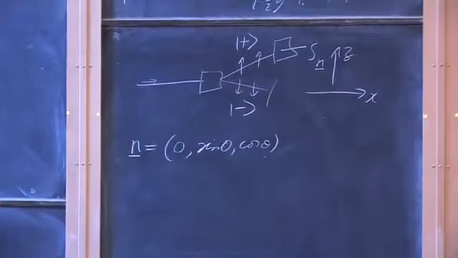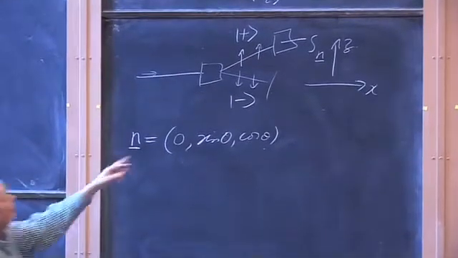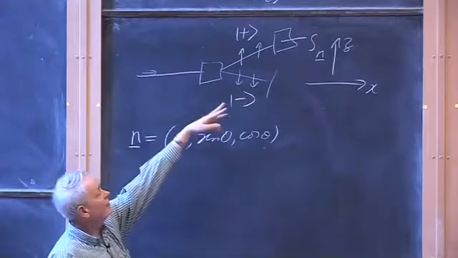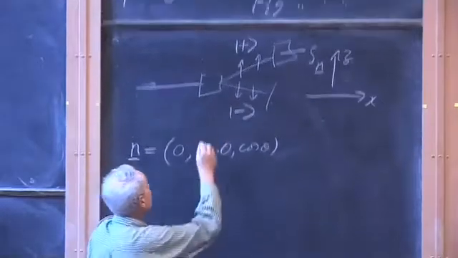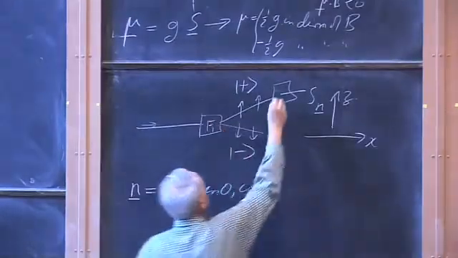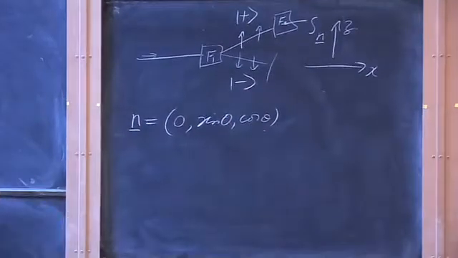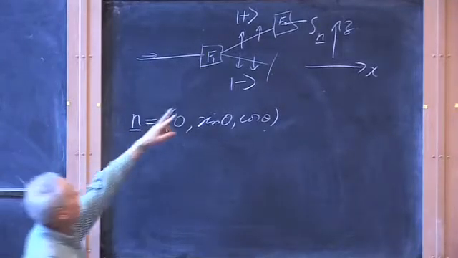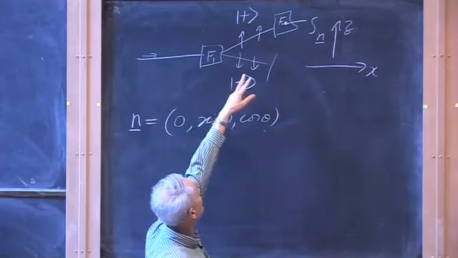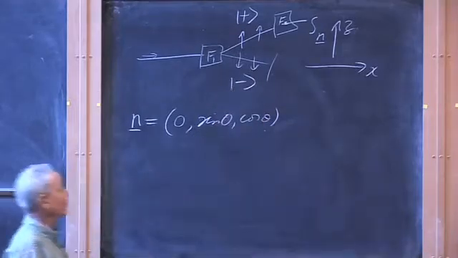And what we want to do is calculate which fraction of the atoms will get through the second filter. So this is the filter F1, this is the filter F2, and we want to calculate the probability that an atom gets through both filters. Or let's focus for the moment on the probability that an atom that has got through the first filter gets through the second filter.